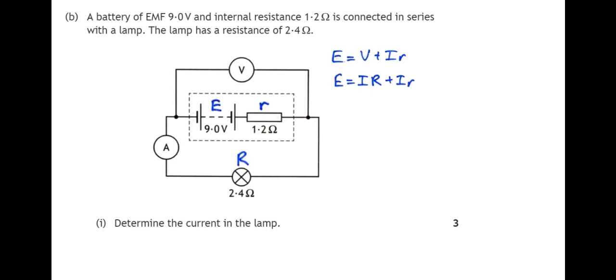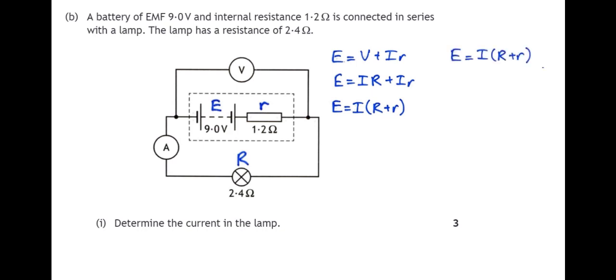In that formula, we can now take out a common factor of I, because we've got I times big R and I times little r. So we get E equals I multiplied by big R plus little r. And that now gives us a formula in the form that we can actually use here.